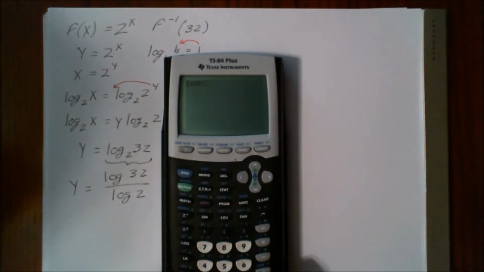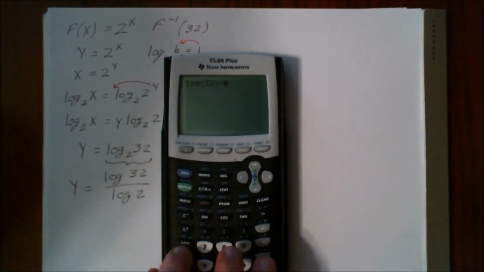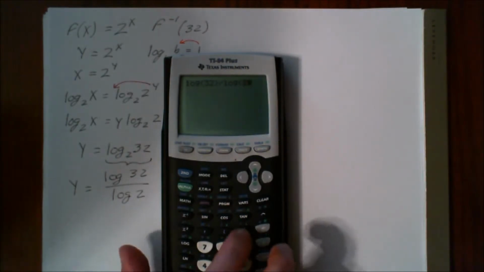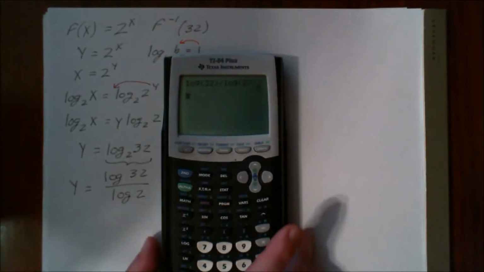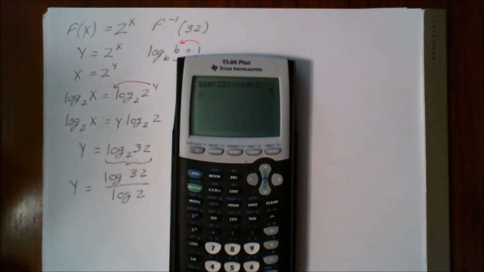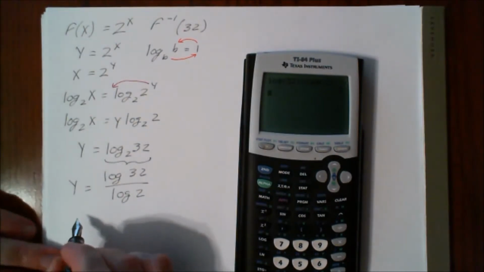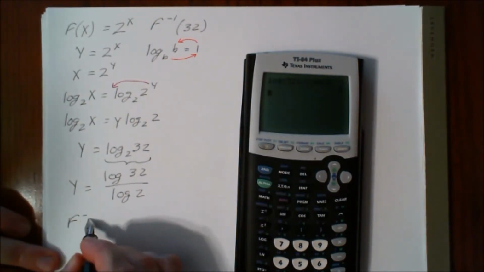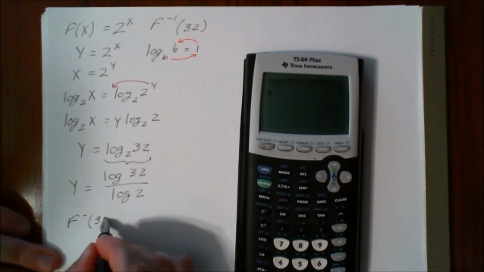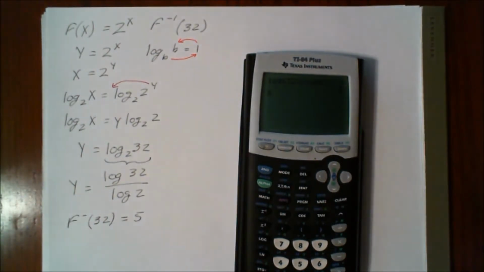I'm just going to do log 32 close parenthesis divided by log 2 close parenthesis, and we get 5. So if we want to use the correct notation here, we'll just say the inverse of the function when x is a value of 32 equals 5.